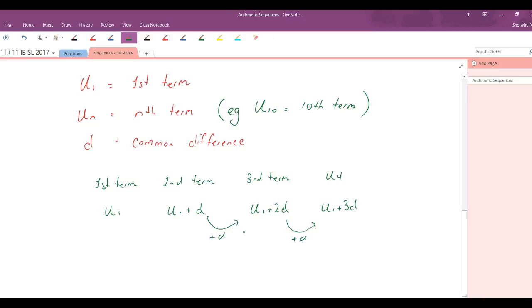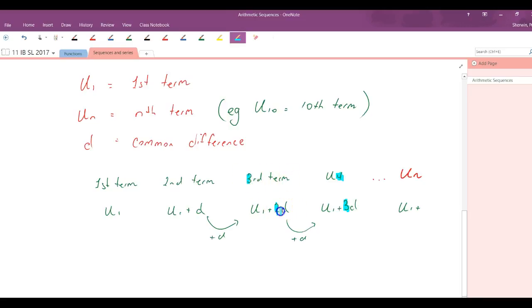We just add D. Righto, well let's jump here and see if we can progress to the nth term and what it represents. Well, if we have a little look here, we're always starting with U1, aren't we? So it'll be U1 plus, now what's the relationship here between this number, the fourth term, in this case?